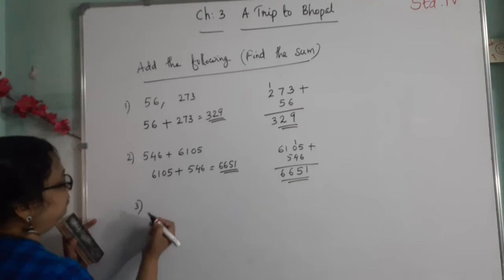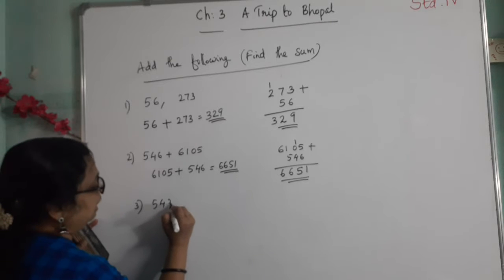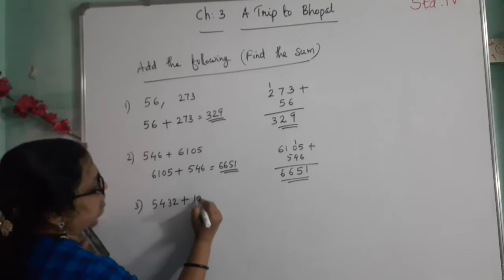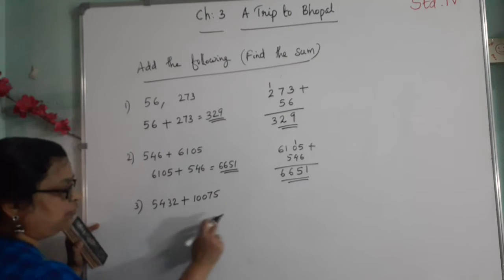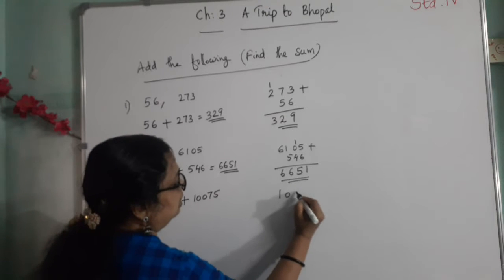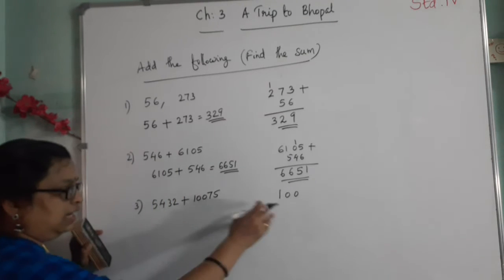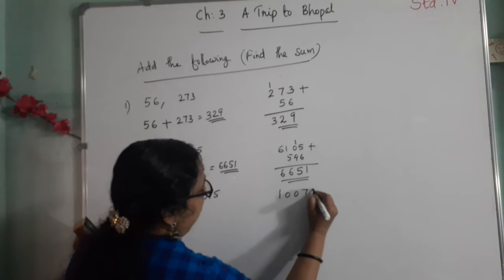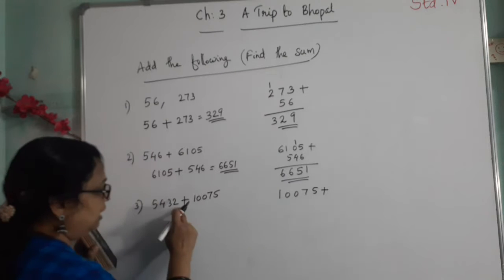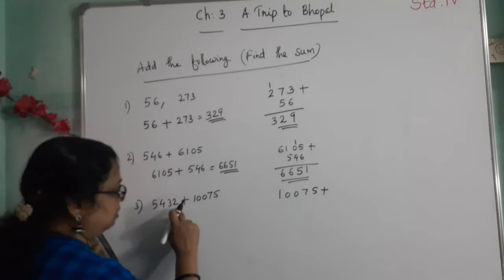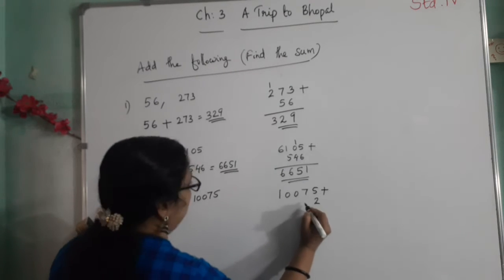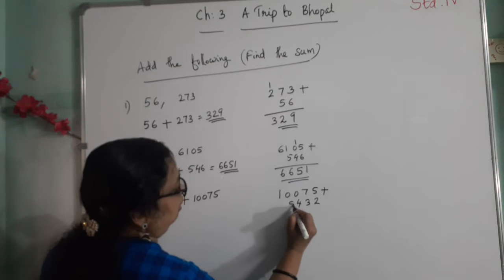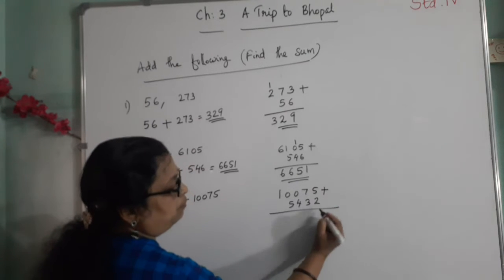Then next question, 5432, 4 digit, plus 10075. That is a 5 digit and a 4 digit. Anyway we can write, but it is easy: first you write the greater number, 10075, 5 digit. Then below this, ones below ones, you write 5432. In this way you write: 5 plus 2, 7.